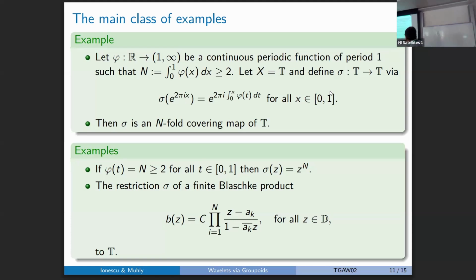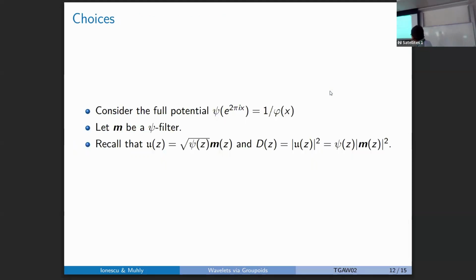But also I want to point out that the finite Blaschke products whose zeros are within the unit disk, restricted to the torus, fall into this category of examples. So it's quite a large class.